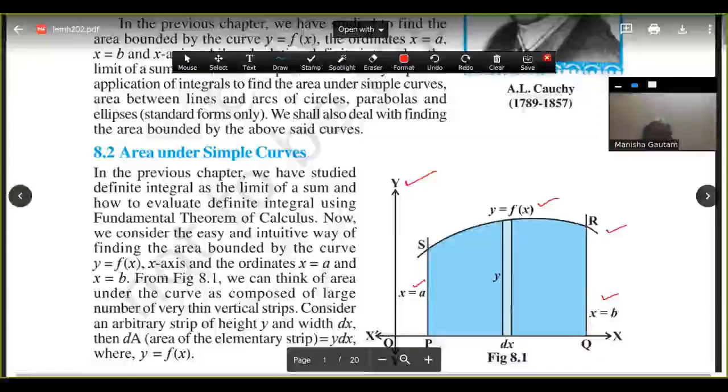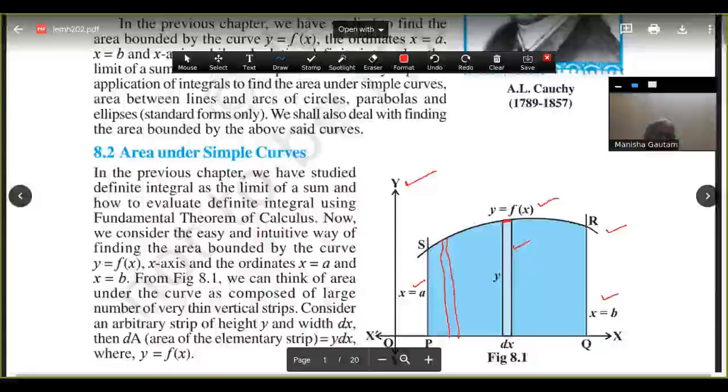For this, we can divide this area under this curve into small rectangles, like this. Here one of the rectangles is given to you. Let this height be y, and this small part, it is a curve, but when it is the smallest one, then it looks like a line.